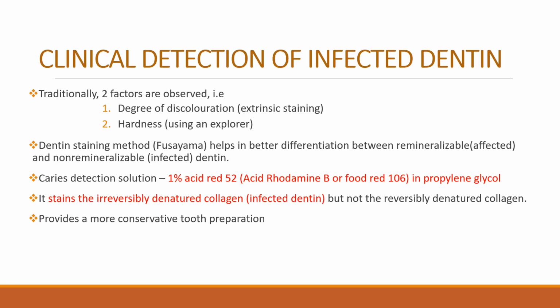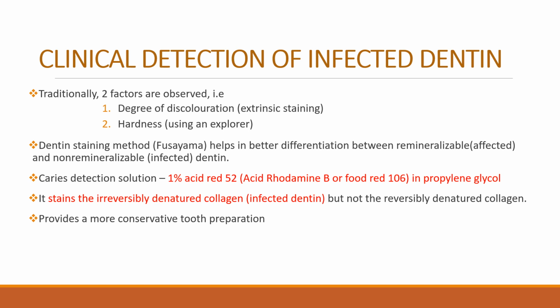Now, traditionally, for detection of infected dentin, two factors were observed, that is the degree of discoloration, that is extrinsic staining, and hardness using an explorer. But these are not entirely reliable, so Fusayama came up with the dentin staining method, which helps in better differentiation between remineralizable and non-remineralizable dentin.